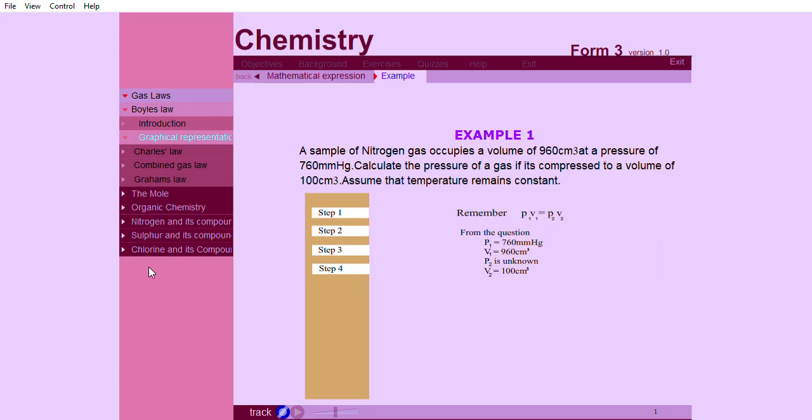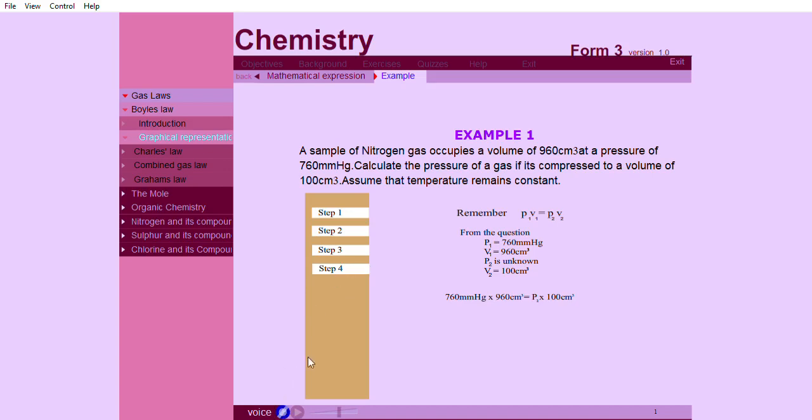From the question, pressure 1 is equal to 760 millimeters of mercury. Volume 1 is equal to 960 cubic centimeters. To calculate the unknown final pressure 2, substitute the values into pressure 1 multiplied by volume 1 is equal to pressure 2 multiplied by volume 2.